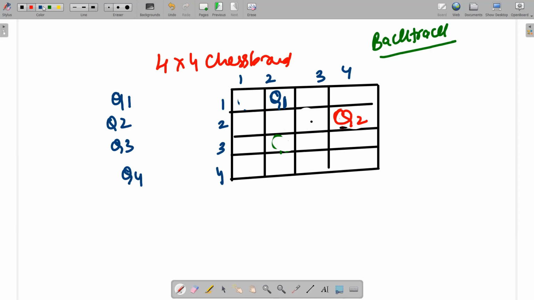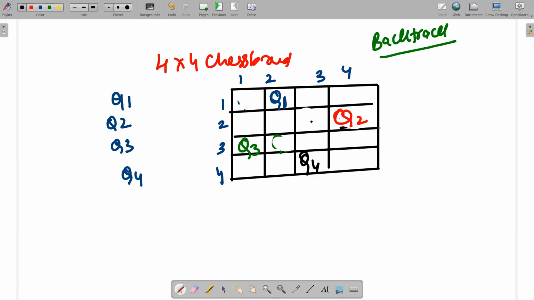So let's take Q3. If I put Q3 over here, there is no vertical, diagonal, or horizontal attack. Perfect Q3 position. And if I want to put Q4, Q4 cannot be put here, vertical attack. Q4 cannot be put over here, this is a diagonal attack. Then if I put Q4 over here, there is no vertical, diagonal, or other attack.